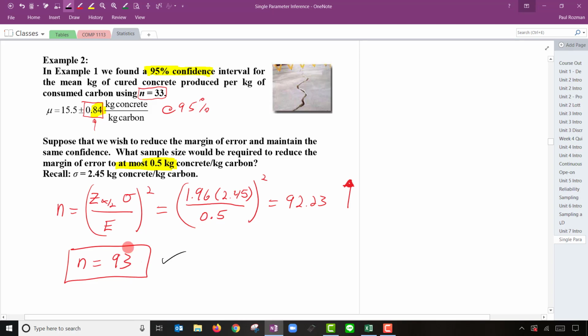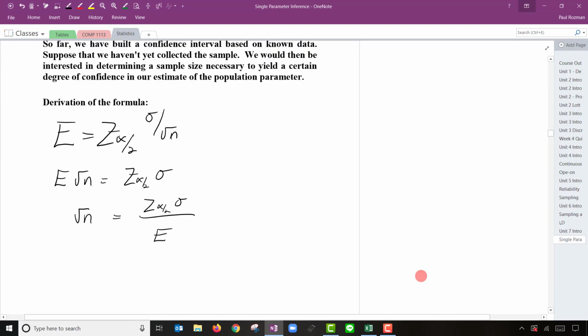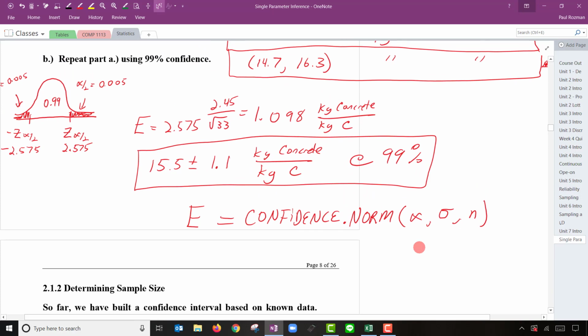You could mess around with your confidence, but it doesn't change the amount that much. This value is 1.96 for 95%. For 99%, it's 2.575.